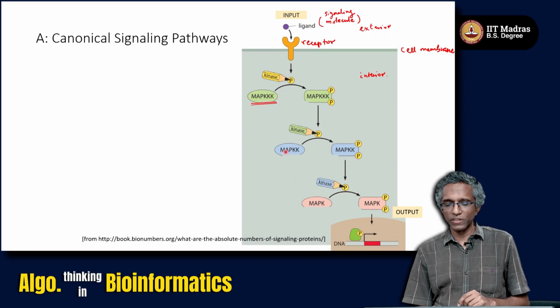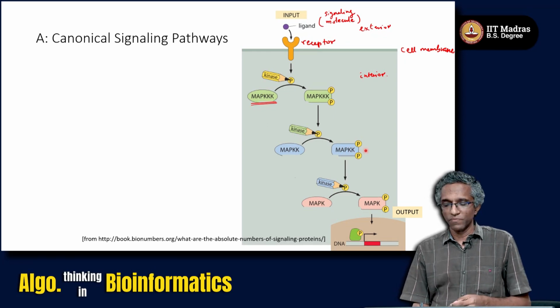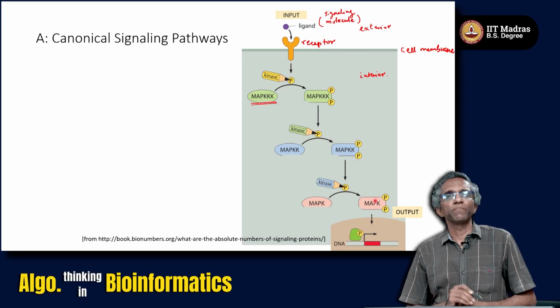Then there is another protein called MAPKK that is in its inactive form, but once MAPKKK is activated, it can in turn activate MAPKK and add a few more of these phosphate groups, okay. So, this phosphorylates MAPKK. MAPKK can in turn become a kinase and activate MAPK, okay.